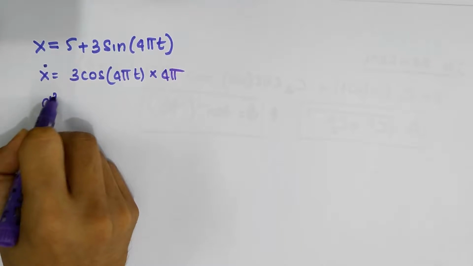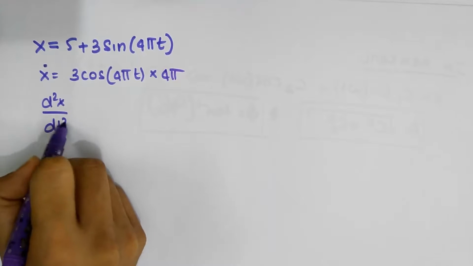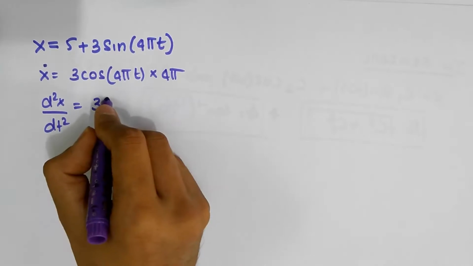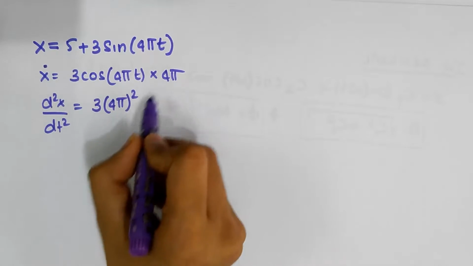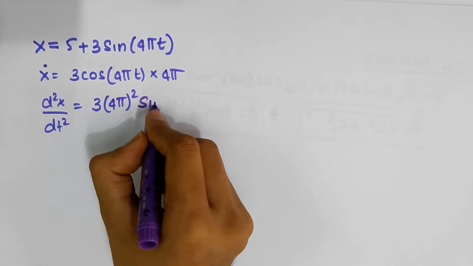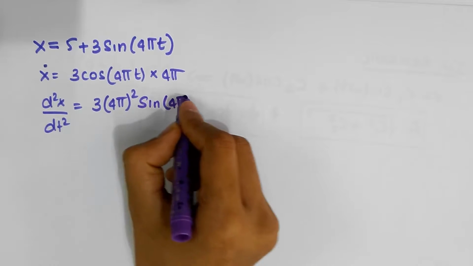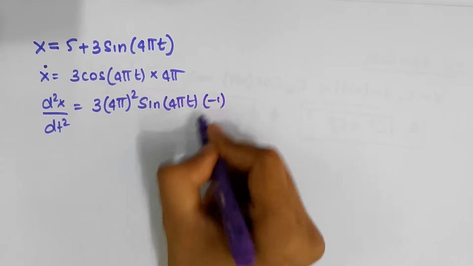And if I double differentiate this now, d squared x by dt squared, I now get 3, and that 4 pi comes out again, so I get a square, 4 pi, another 4 pi, and now I get a sine of 4 pi t, and I get a minus sign.